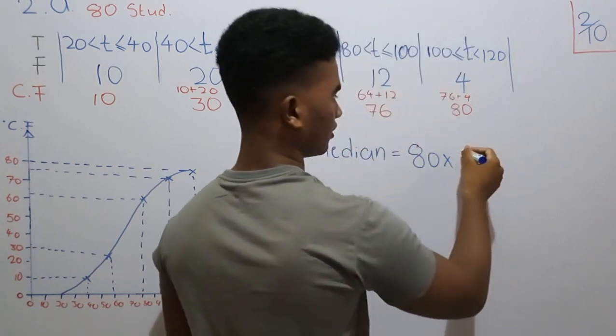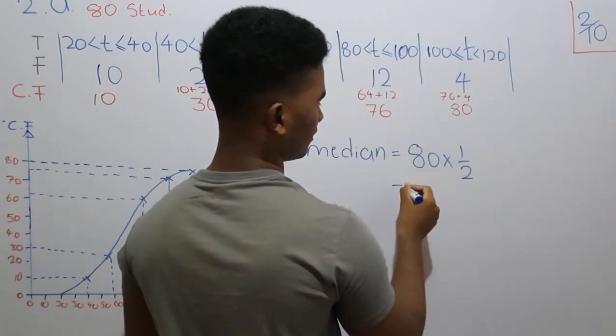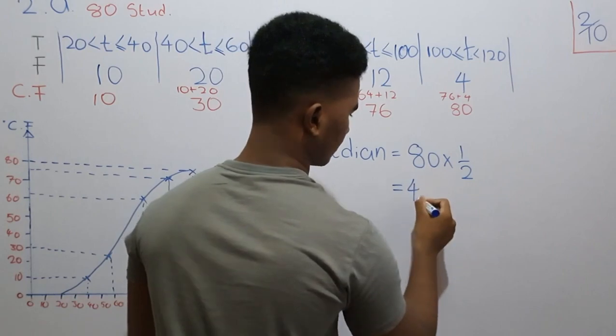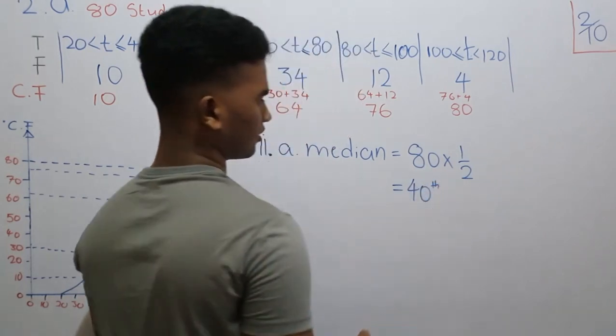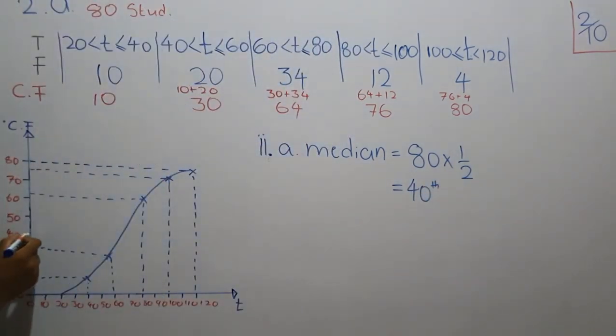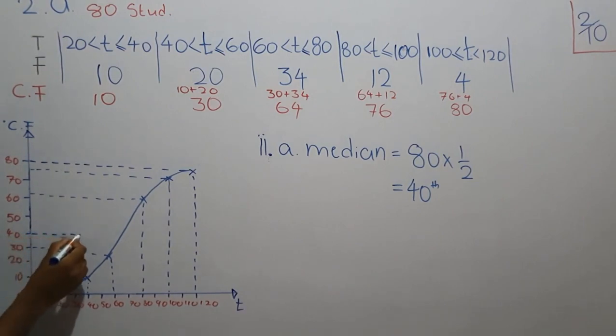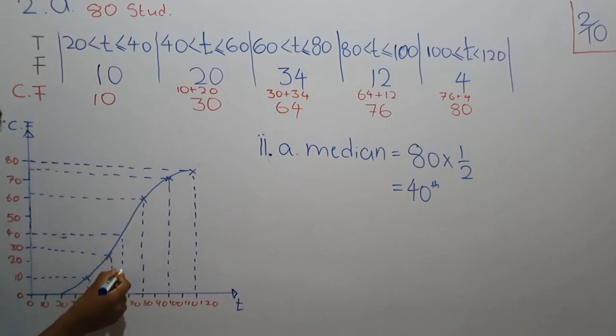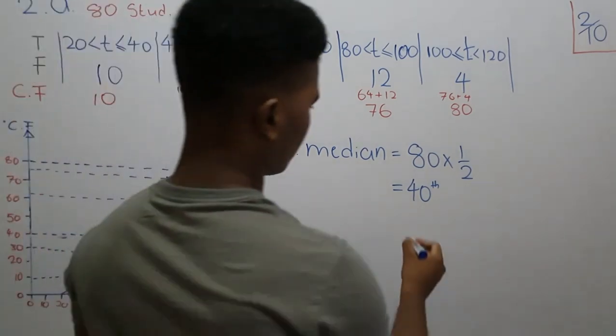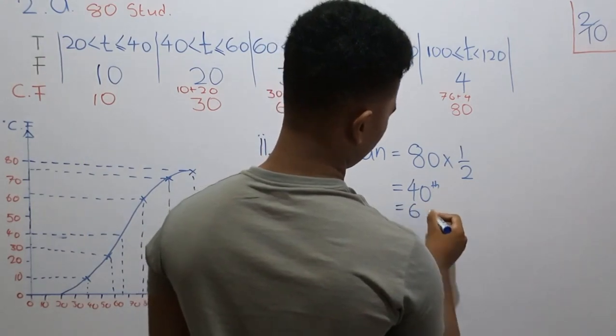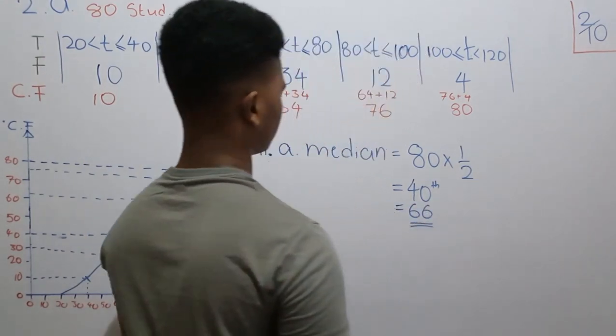That is a best way to explain the middle term. So the 40th term is somewhere around 66. So the median is 66.